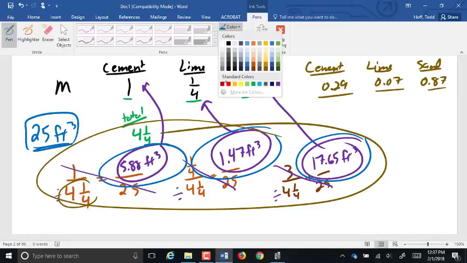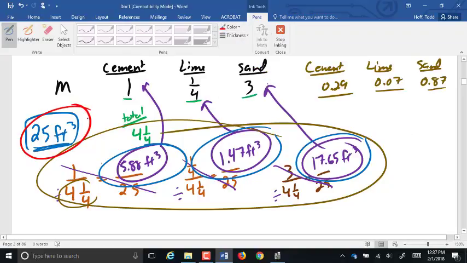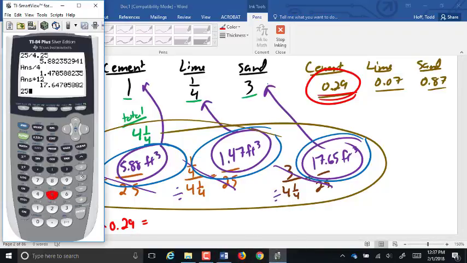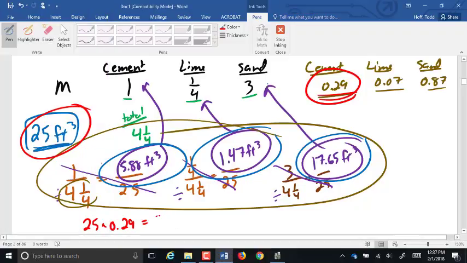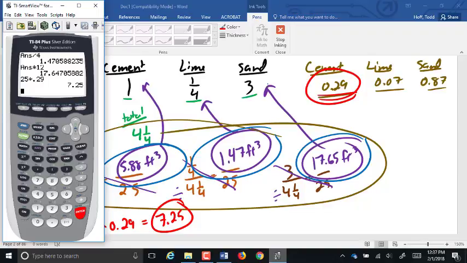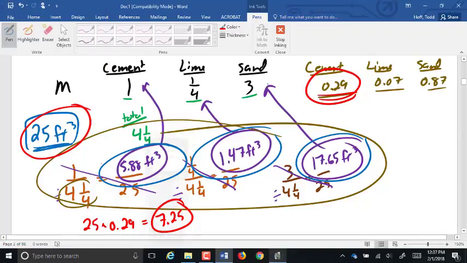So if I really wanted 25 cubic feet of type M mortar, to find the amount of cement I would need, I could use this 0.29. So 25 times 0.29 comes out to be what? It is 7.25. Did I do that right? Yep. So it's 7.25 cubic feet of cement.